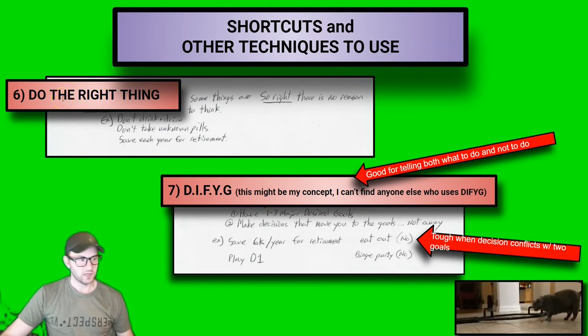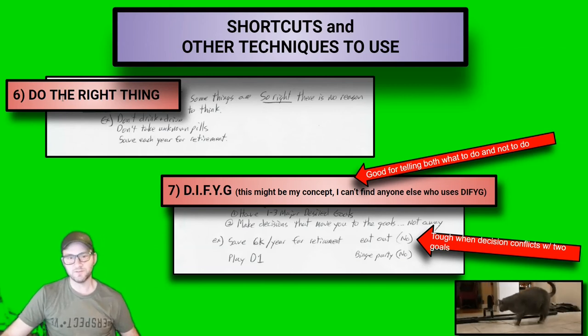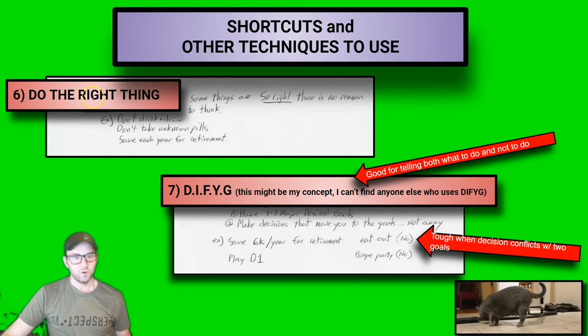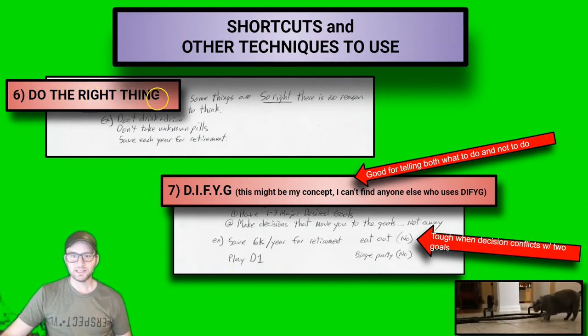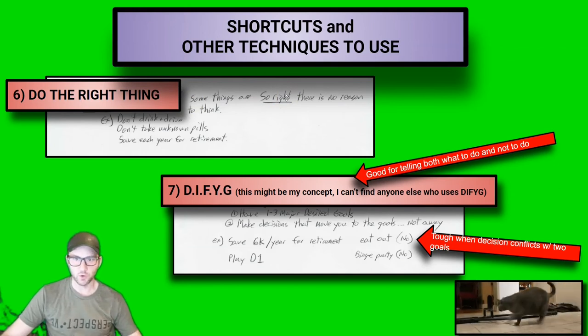And in fact, some studies and experts say, for some things, just don't think. Make the decision before. And the people who get it right rely on this do the right thing. So how you use it is come up in your life with a list of some things that are so right that you just will always choose them no matter what.